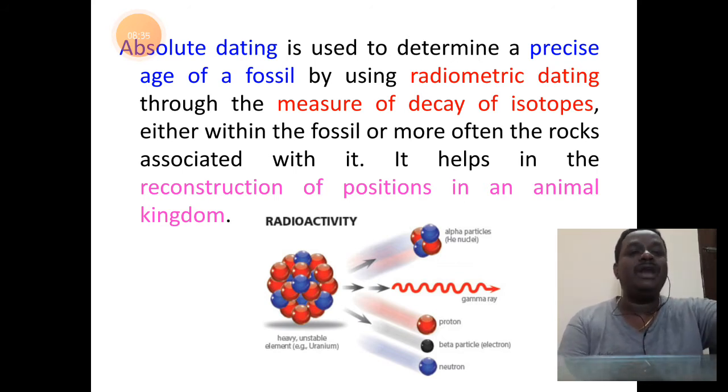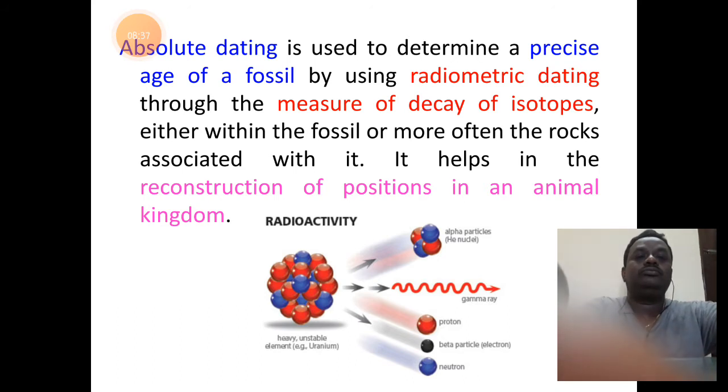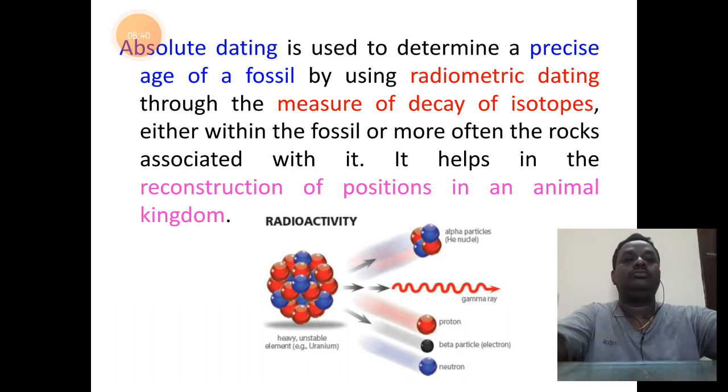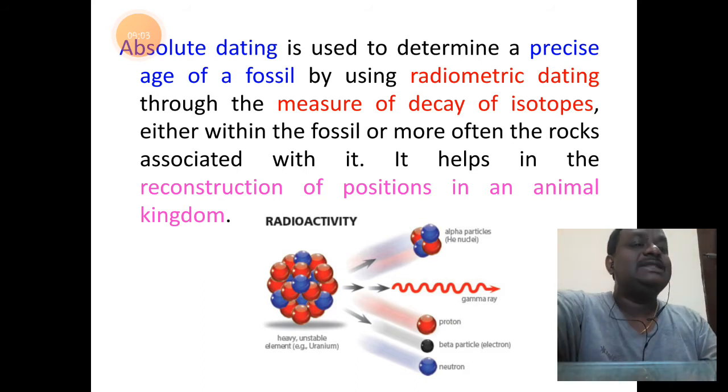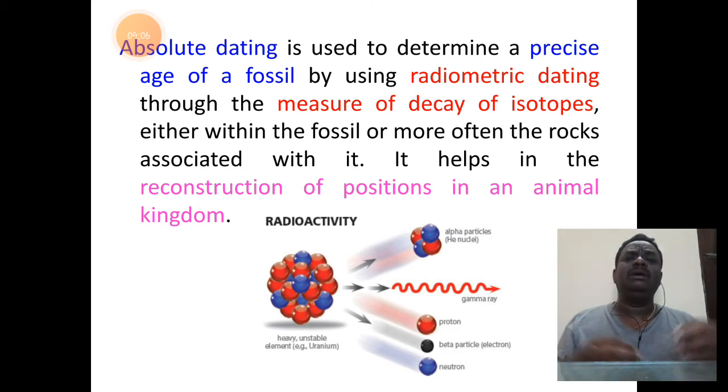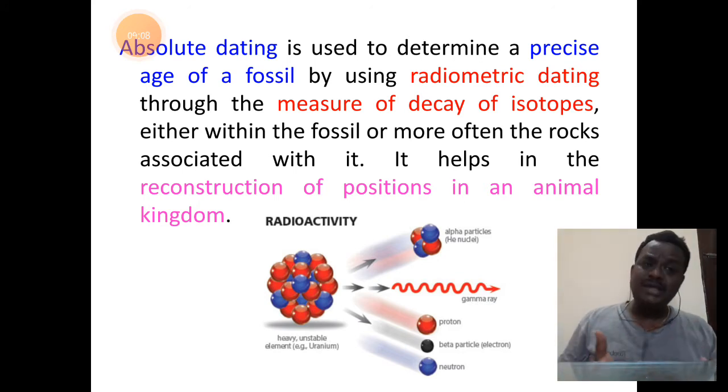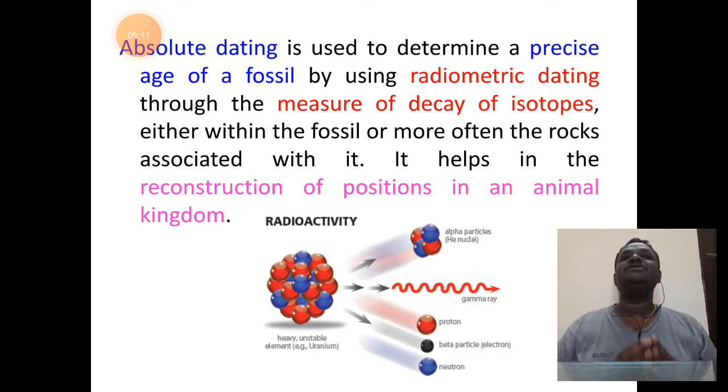And the type of radioisotope and its decay forming daughter elements are very precise, very constant for a specific isotope. Also, the time duration for this decay process is also very precise or very specific.